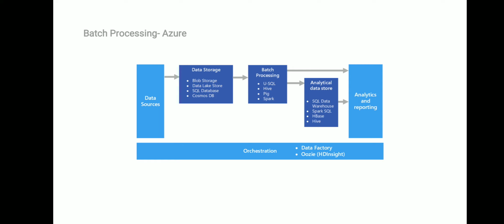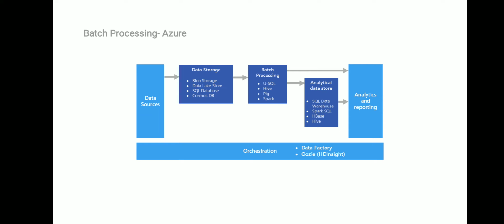Maybe you have structured data sources, so you can use SQL Database, or maybe you have unstructured data plus semi-structured data plus structured data, all coming from different departments and different systems. You might use Data Lake Store or Blob Storage.